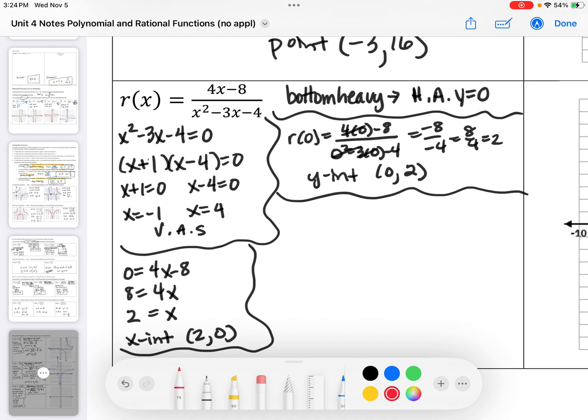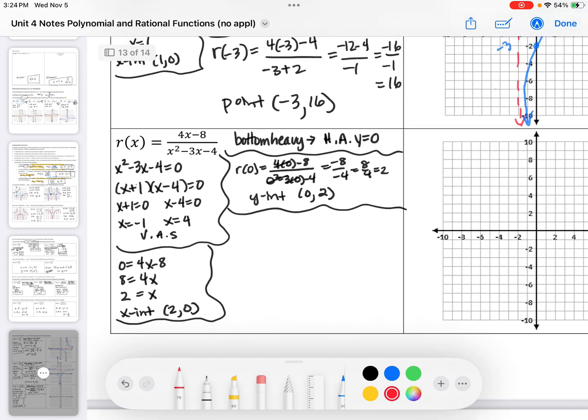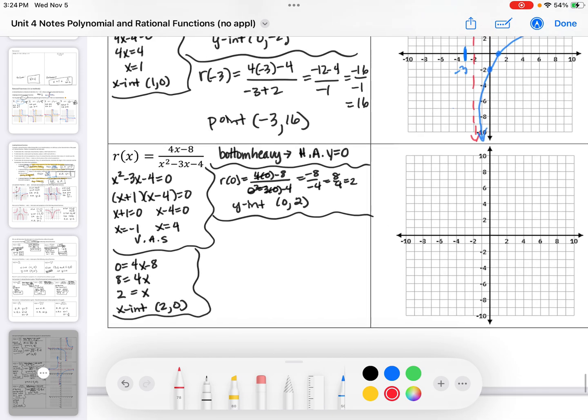And this is where we pause and we go graph what we have so far by starting with dashing in those asymptotes. Horizontal asymptote at y equals 0, which is just right on top of that x-axis. And we have vertical asymptotes at the x value of negative 1. And the x value of positive 4.